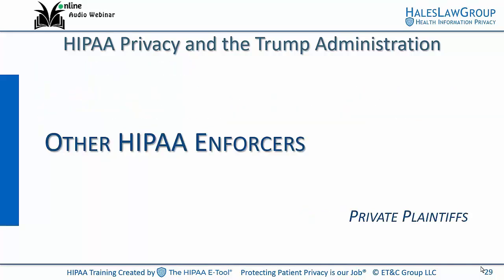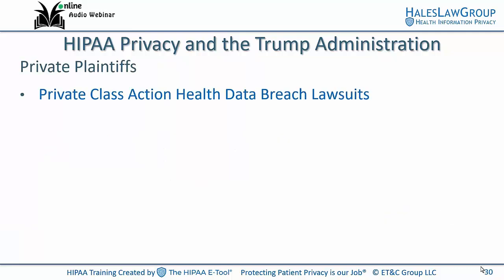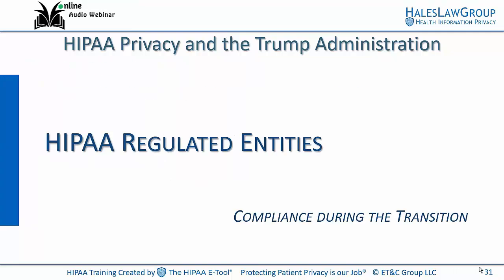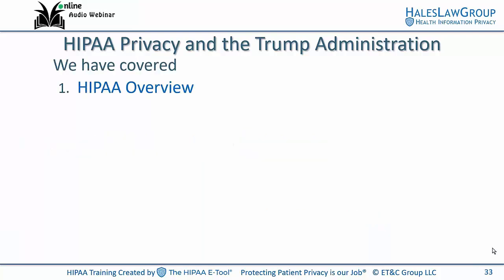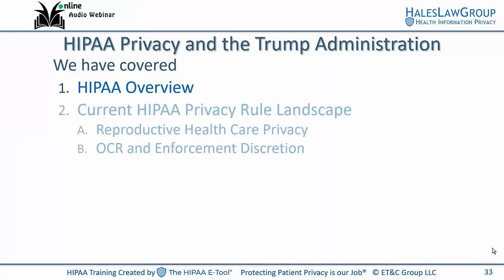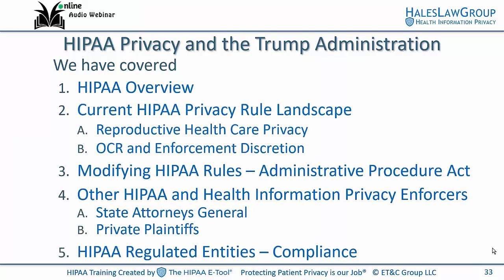Other HIPAA enforcers include private plaintiffs. You must be in compliance with the modifications to the privacy rule that support reproductive health care privacy on December 23rd. You've got to be in compliance with it. That's the law. We have covered, as I said we would, the HIPAA overview, and the HIPAA privacy rule, including the privacy rule to support reproductive health care privacy, is the law.